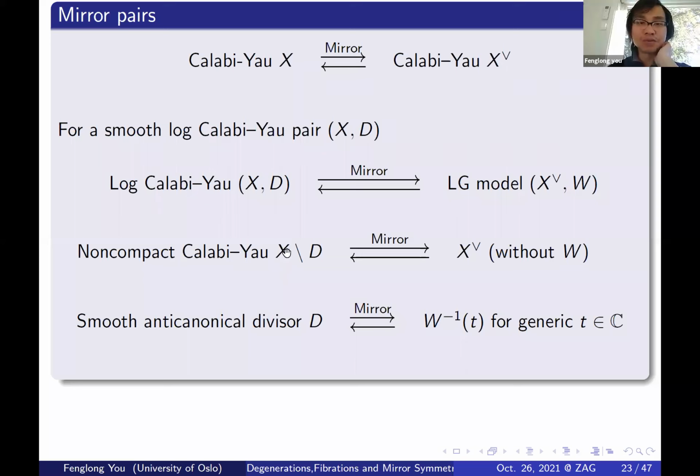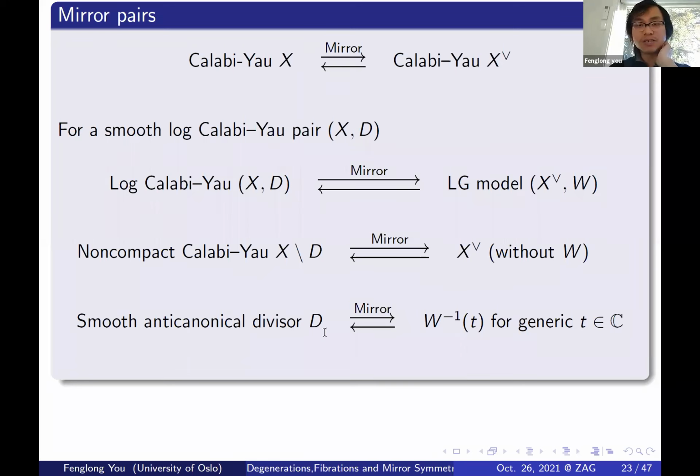And if we consider the non-compact Calabi-Yau, which means the complement of this smooth anti-canonical divisor, then the mirror of this non-compact Calabi-Yau is this variety X check with the superpotential. You add the divisor D, then we add the superpotential.